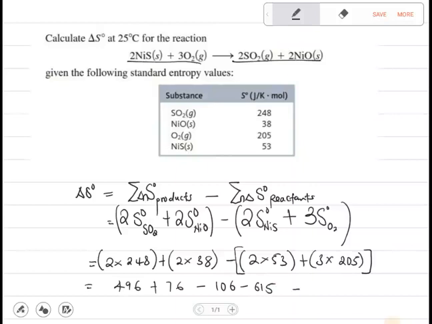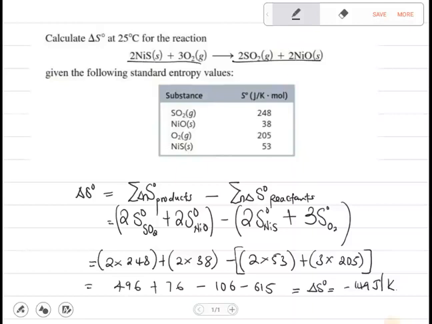And after adding this, I'm getting the change in entropy to be equal to negative 149 joules per kelvin. Now, why is it that the value is negative? The reason is simple.